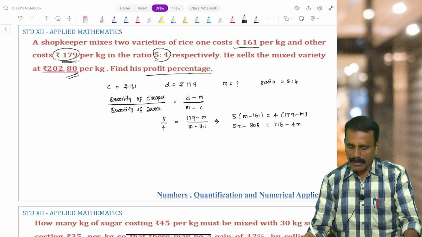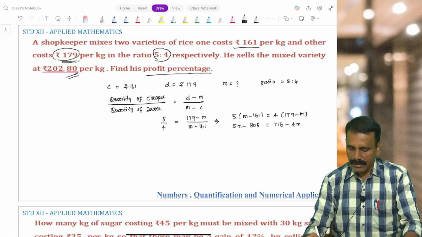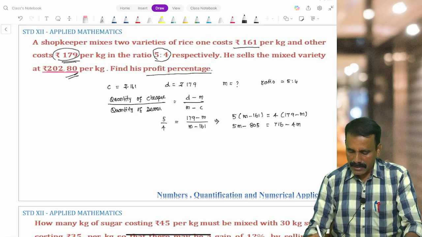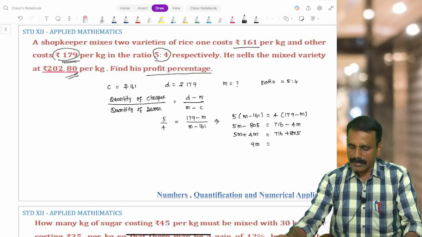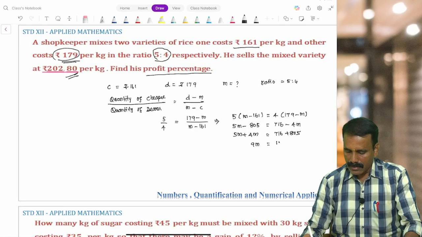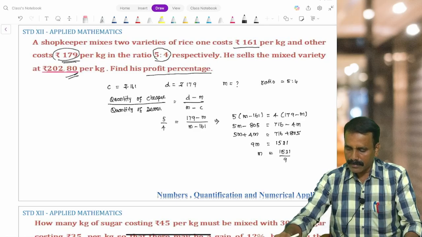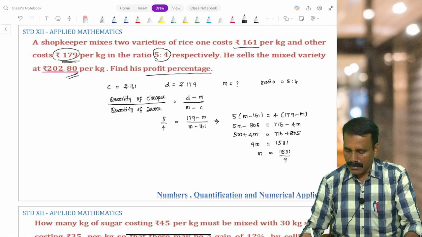So like terms we bring into one side. We bring 4m to the left hand side and take 805 to the other side. So it is 5m plus 4m is equal to 716 plus 805. So this is 9m. 9m is equal to 716 plus 805, it is 1521. So m is equal to 1521 divided by 9, which is nothing but 169.